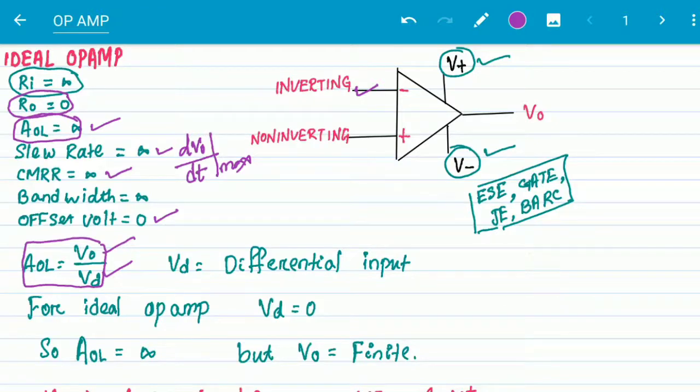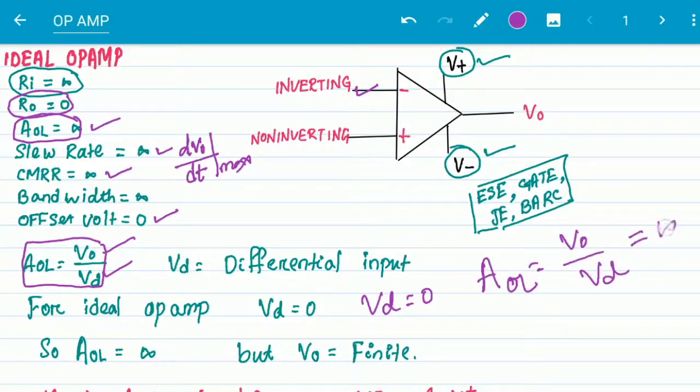For an ideal op-amp, Vd is equal to 0. So AOL is equal to V0 by Vd, which is infinite, because the denominator is 0 but V0 is a finite value for an ideal op-amp.